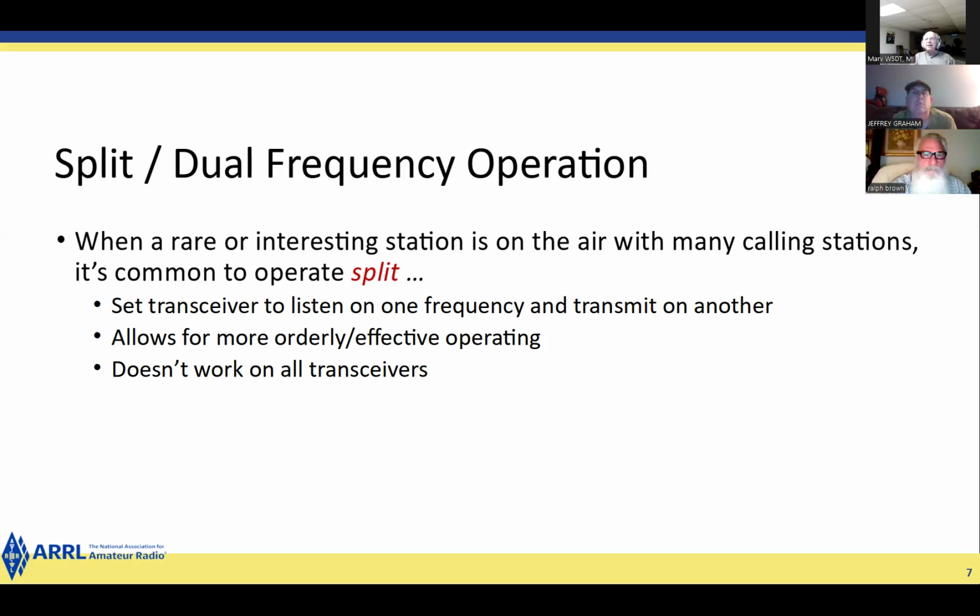He picks up one guy, 2 or 3 others start calling him, some more start calling him. He starts operating split. Finally, somebody starts to QRM. After a while, he gets ticked off and says, "I'm going QRT." That means he's going to shut down. And I've had that happen to me.